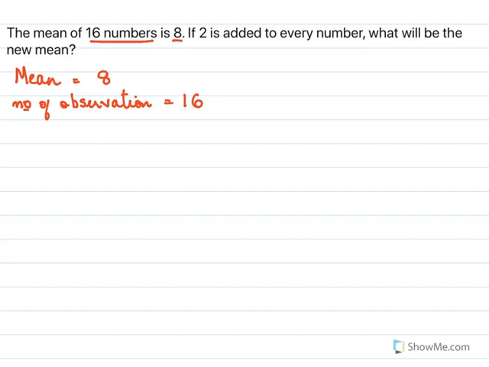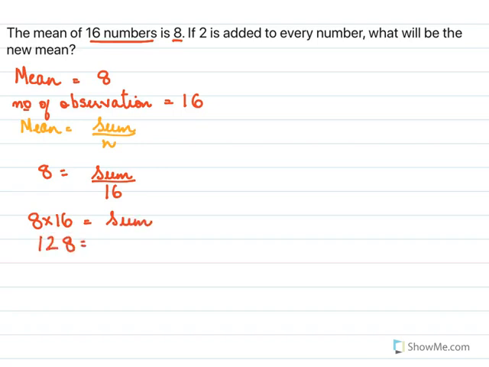We have mean equal to sum over number of observations, and the mean is 8. This is sum, number of observations 16. So 8 into 16 equal to sum, which is 128 equal to sum.